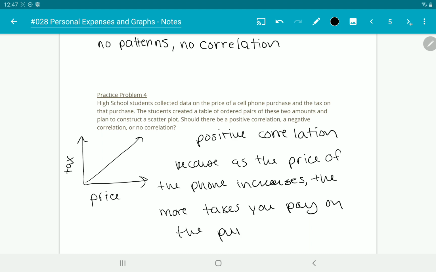So since they both are increasing, you can see that it would be a positive slope or a positive correlation. And this is a direct cause because the taxes are just so much of a percent of what you pay for the phone.